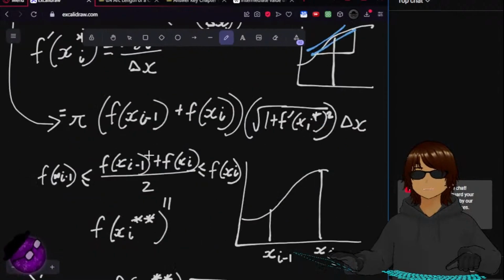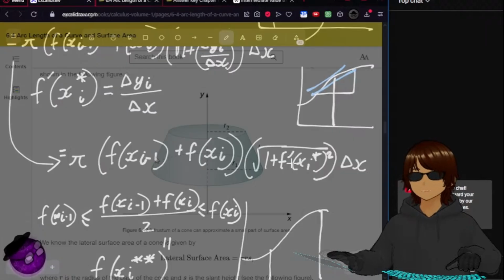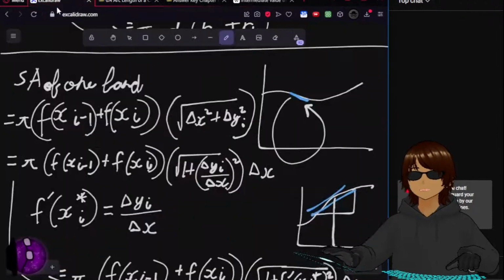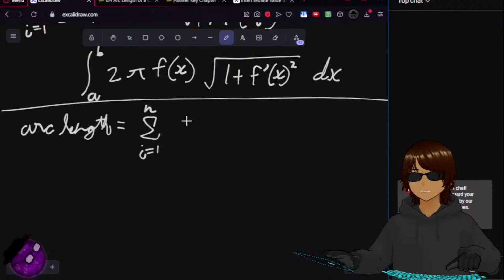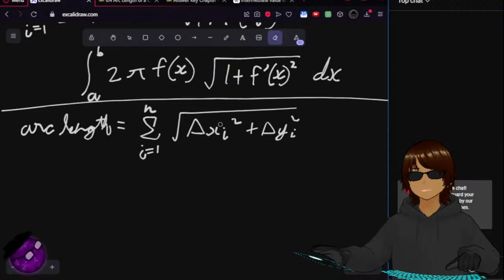Well, I initially just wanted to talk about arc length, but I skipped directly into surface area of revolution. So for the arc length, we would have the sum of this line segment, this line segment, this line segment, sum of all the line segments. Arc length would be the sum of the square root of delta xi squared plus delta yi squared. Delta x will be the same across, so this doesn't matter. Then I can take delta x out.